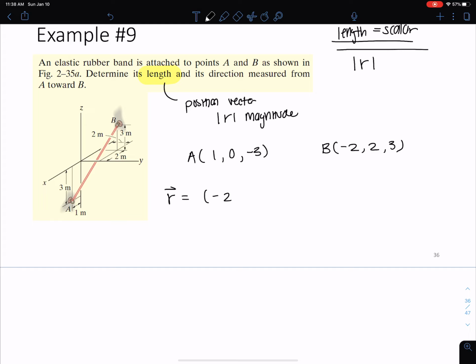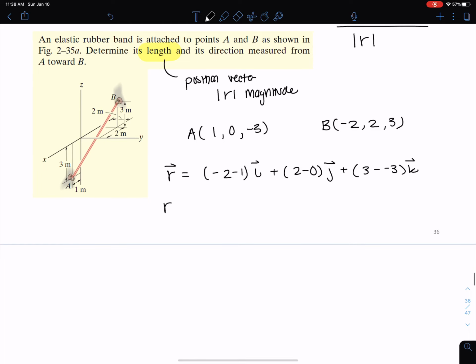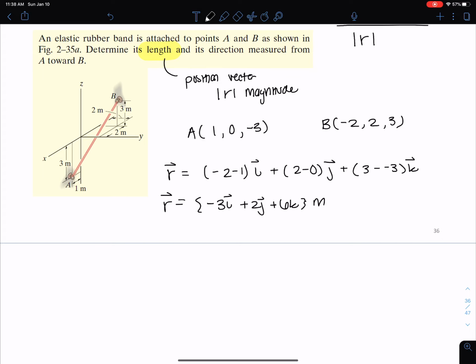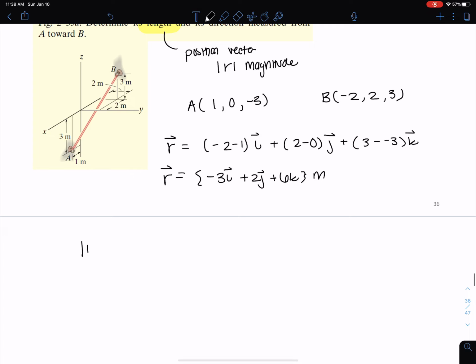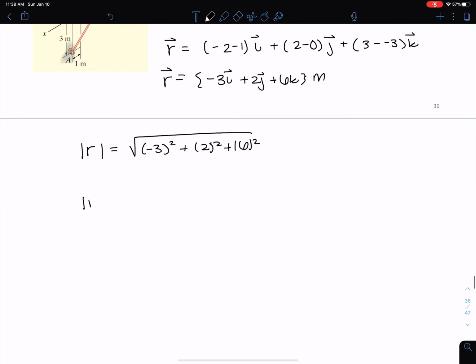Difference in x, BX minus AX, that's my i, plus the difference in y, that's my j, plus the difference in z, that's my k. And I end up getting my position vector is -3i plus 2j plus 6k, in brackets, in meters. Now my resultant is going to be equal to the square root of -3 squared plus 2 squared plus 6 squared, and I get that the length is actually 7 meters.